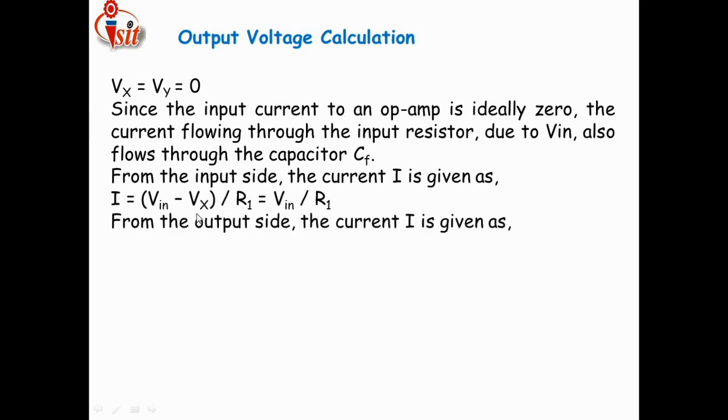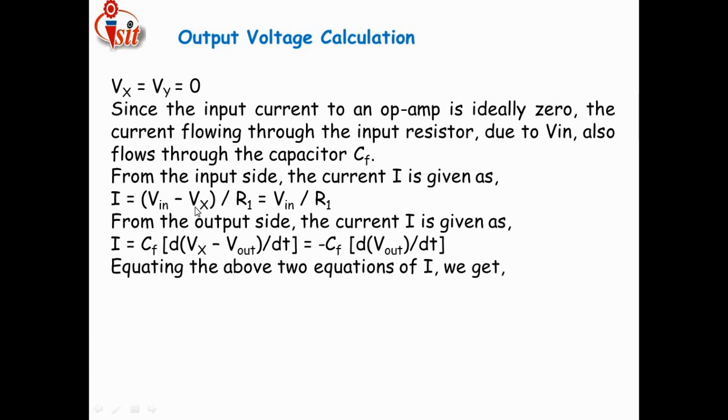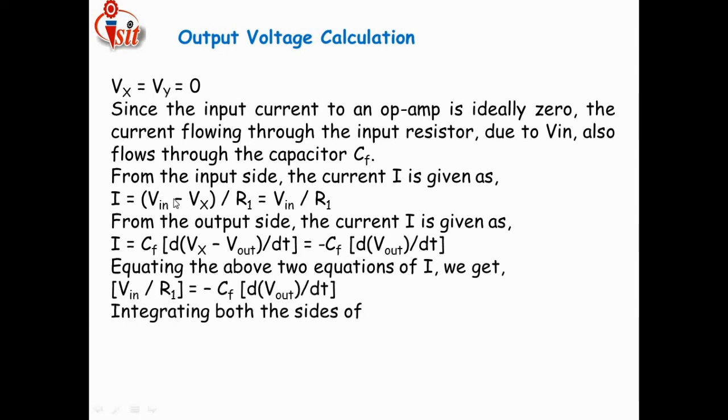That means the difference voltage VD divided by R1, and the difference voltage we calculate using the formula non-inverting input terminal voltage minus inverting input terminal voltage, which is equal to Vin divided by R1, because equation number 1 says that Vx is equal to Vy is equal to 0.